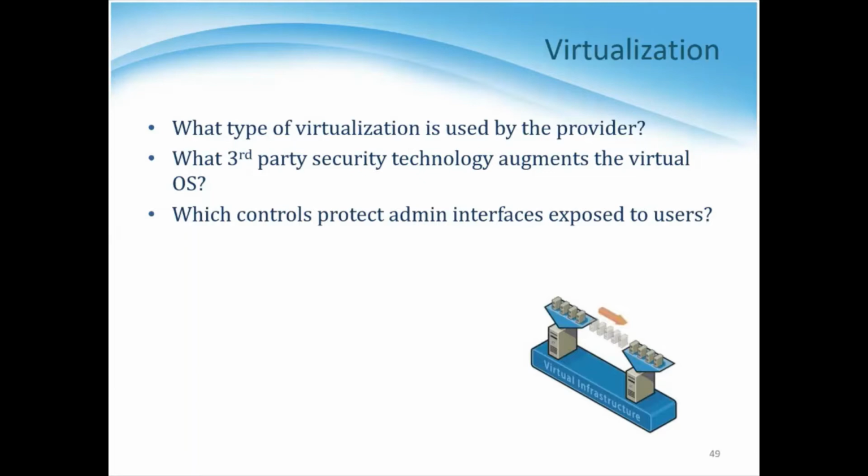The provider may use infrastructure, or the operating system, or an application or software. Any of these things, or all 3, can be virtualized. Virtual OS, virtual infrastructure, virtual network, virtual printers, or virtual routers. Anything can be virtualized from the provider side. What third-party security do we have in a virtual OS?